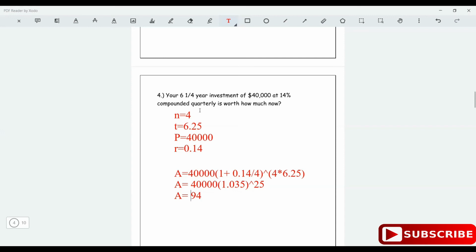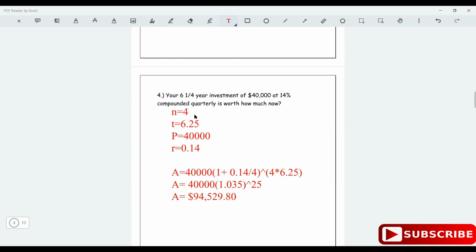This is a lot of money. $94,529.80. So a lot of money was made if you compound it quarterly at this interest rate. All right, let's go along.